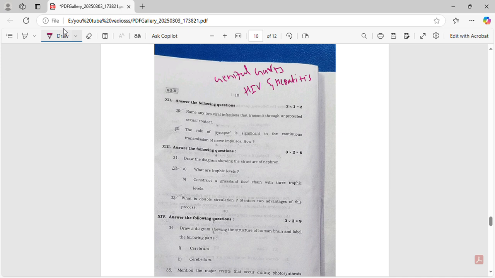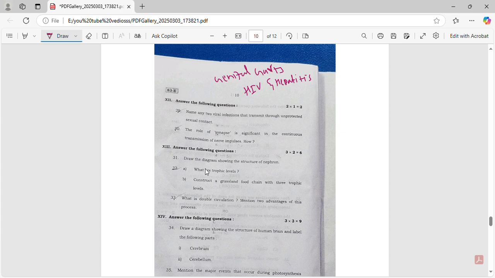Just think, a neuron is just like a wire. If anywhere there is a short circuit or the wire gets cut, how will the current flow? But if one neuron gets damaged, it will not affect the passage of the message, because through another neuron, another passage, the message can be transferred. So if one neuron gets damaged, it won't affect the passage of message to other neurons. That you can write.